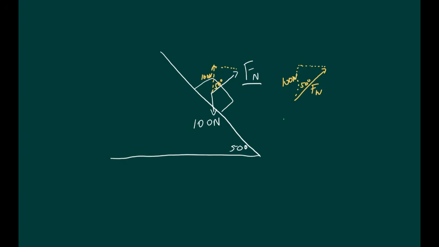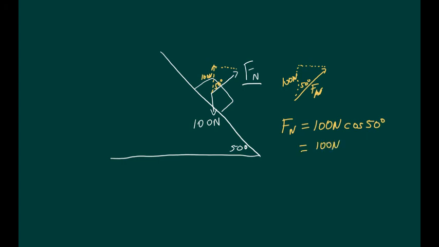Okay, so to find Fn, it will be 100, the weight, times the cosine of 50 degrees. So remember your trigonometry: the normal force, the hypotenuse now, will be 100 newtons, the adjacent side, times the cosine of 50.